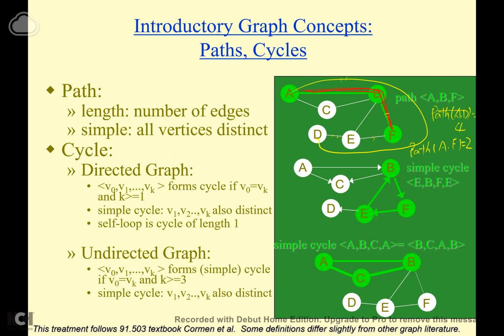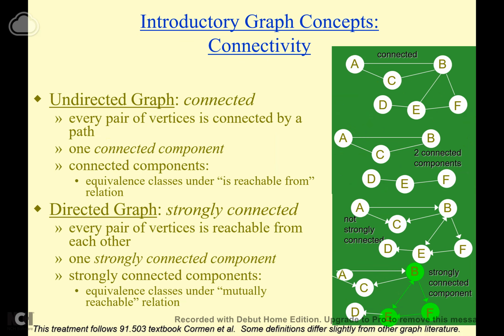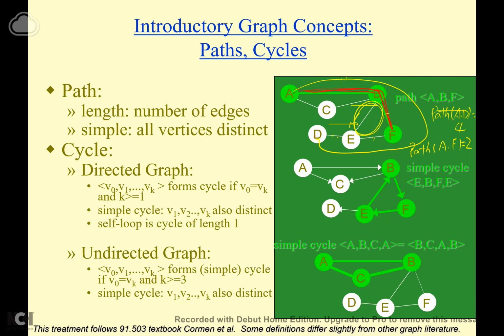A simple path means all the vertices on that path are different. So this is a simple path, and if we have this one, do you think it's a simple path? No, that's not a simple path because there is a cycle there. So this is not what we want if people want a simple path.